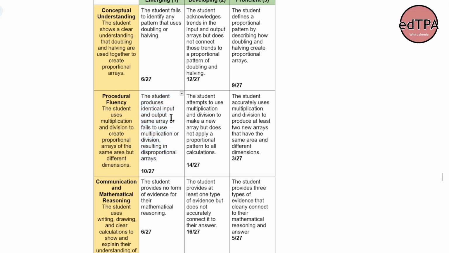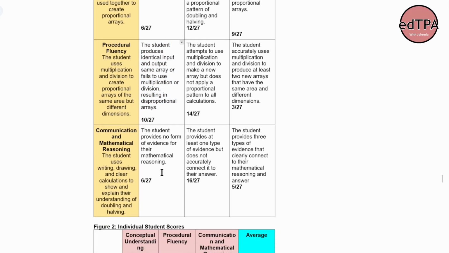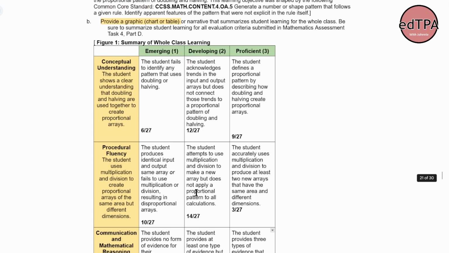For communication and mathematical reasoning, 6 students were at the emerging level, 16 of 27 at developing, and 5 of 27 at proficient. Do note that there are good descriptions of the expectations at each level, and of the kinds of math that matters in this re-engagement lesson.